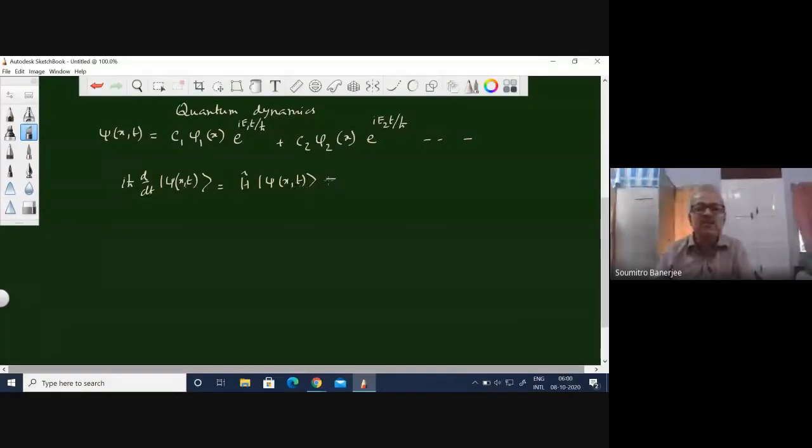So that leads to the solution that psi of x and t is equal to e to the power minus i, the Hamiltonian operator times t by h cross, times the initial psi. This is an exponential operator, an exponential matrix, because H is a matrix, and you know how to obtain the exponential of a matrix.